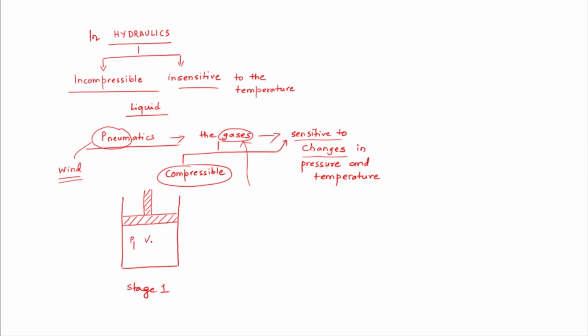Let us consider that we apply a force F to the piston. So when we apply the force F to the piston, its volume will be reduced from V1 to V2.